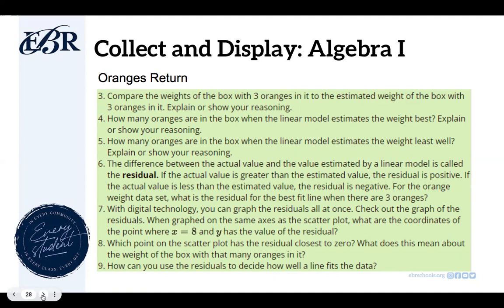Most importantly, for this task, make sure that you are displaying at the end some of the things that students have talked about and some of the things you've seen them doing. Things you might display for a lesson such as this are words and phrases such as difference between actual data and estimates, estimate is greater or less than actual data, and linear estimate is close to actual data.